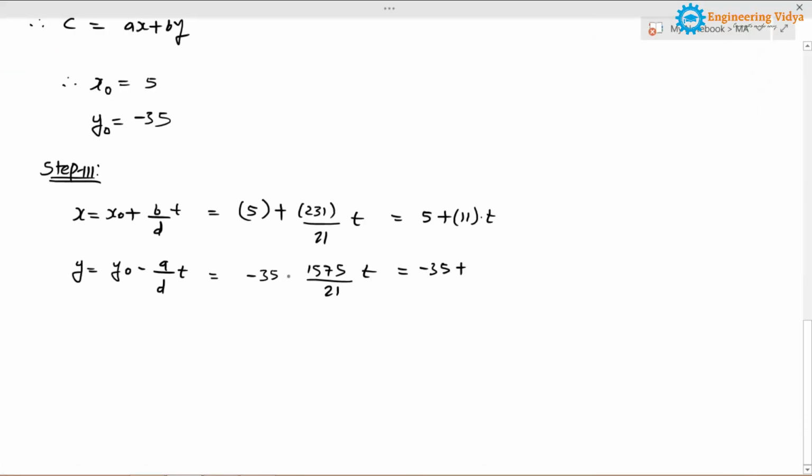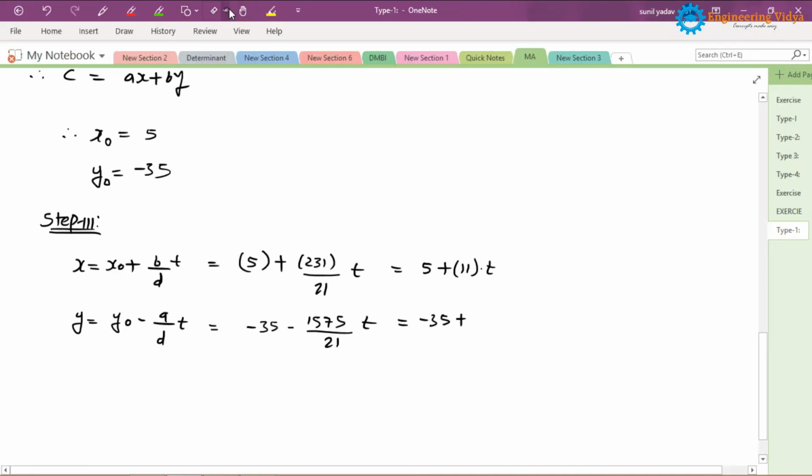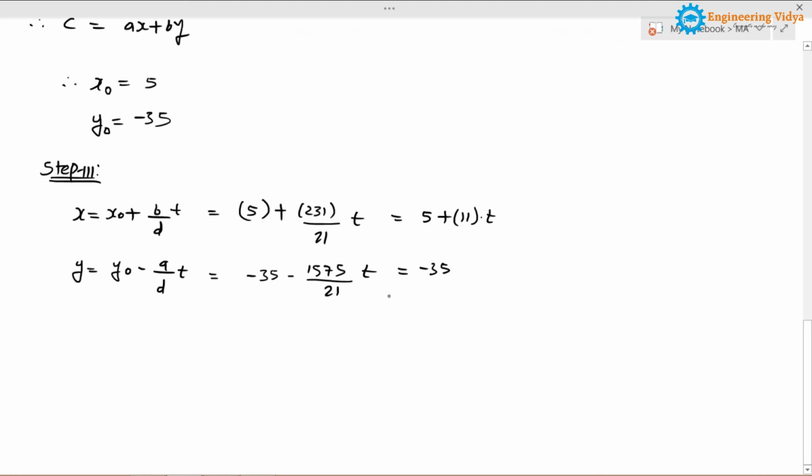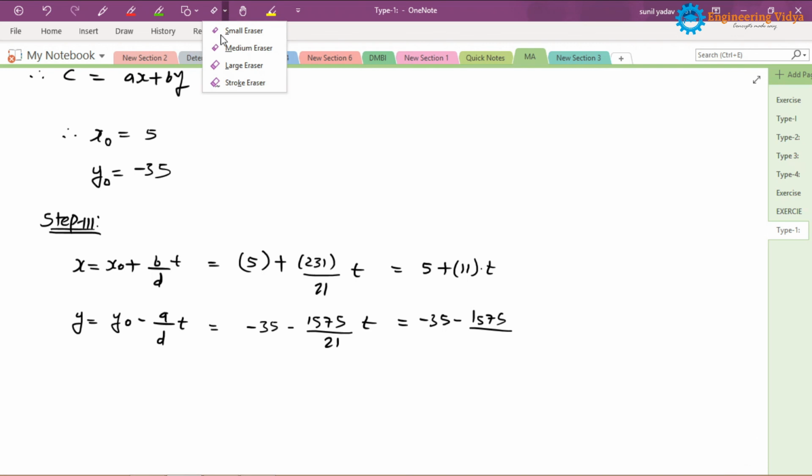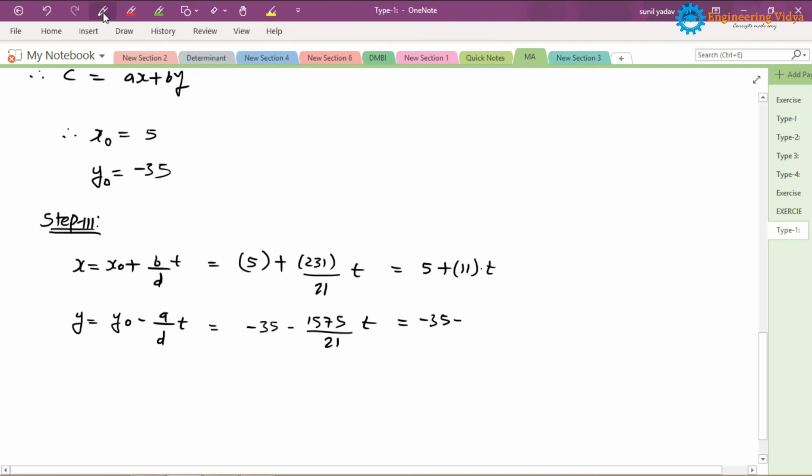Then a is 1575, divided by 21. So 1575 divided by 21 will be 75, 75 into t will come, right?